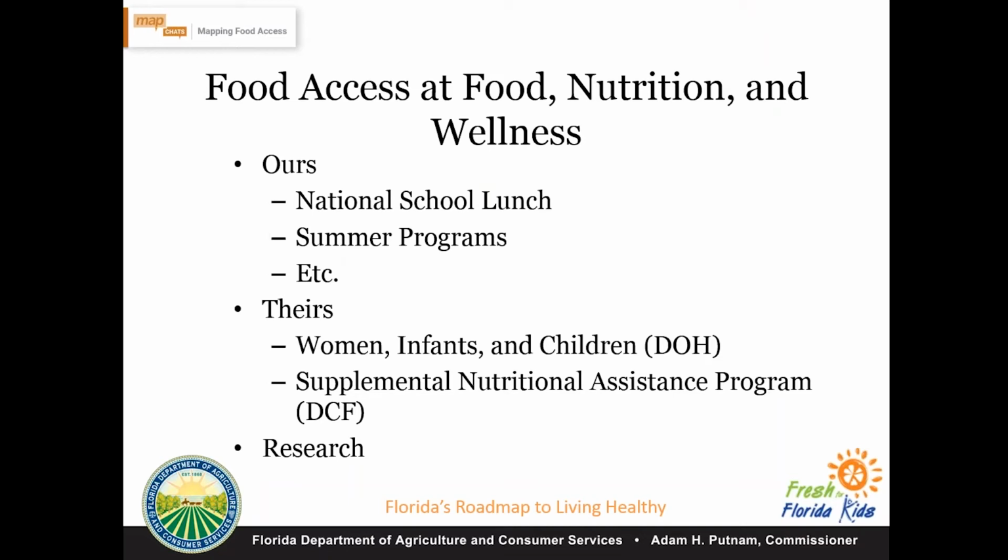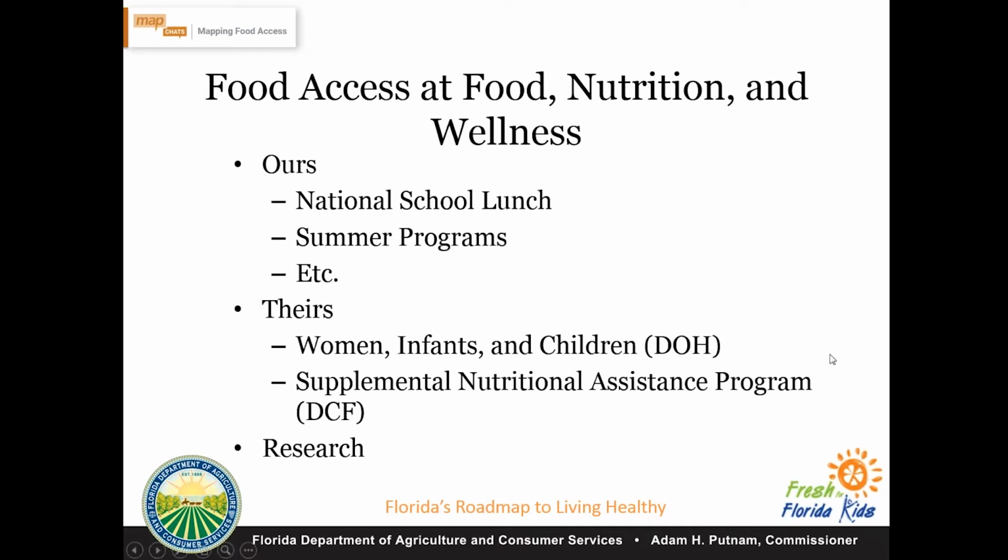We are in charge of the National School Lunch Program, the Summer Feeding Program, as well as the TEFAP program, which is commodity food distributed through the food bank system. And then we have other agencies, run by Commissioner Putnam, that deal with other nutrition programs also meant to address hunger.